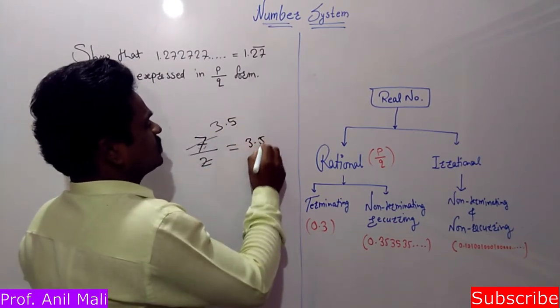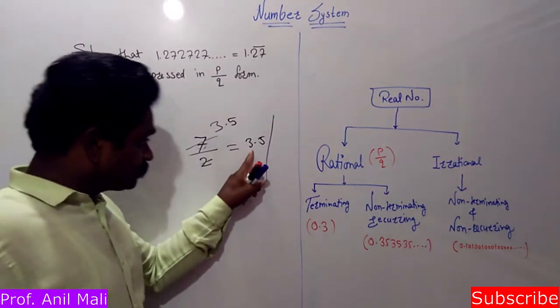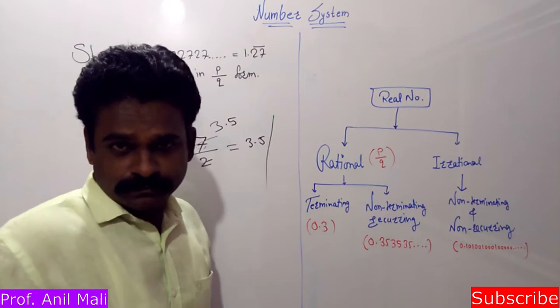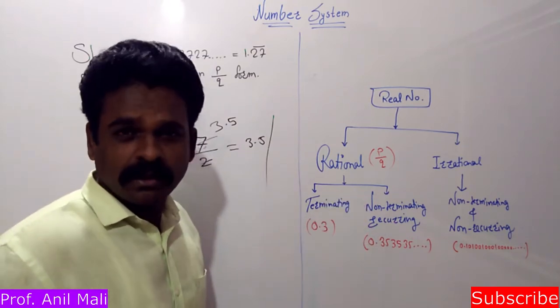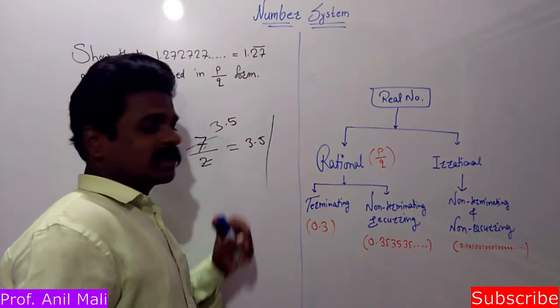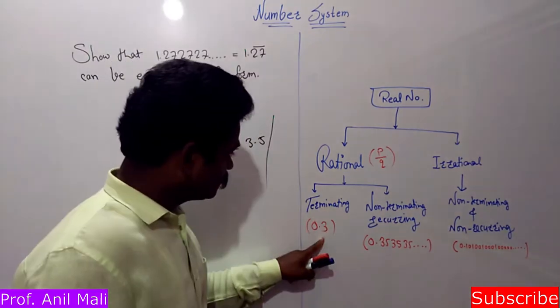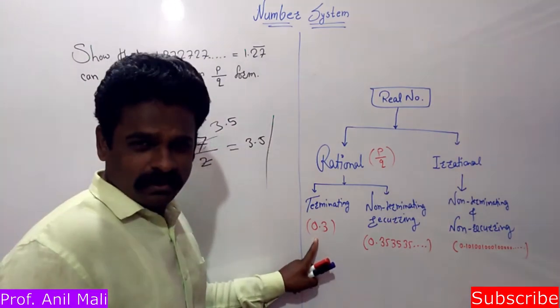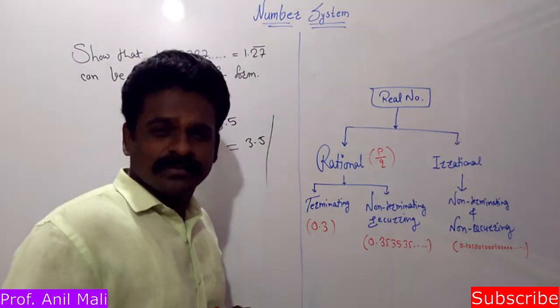So 3.5 is the answer. Here the whole fraction is terminated at 5, which means 5 is the last digit in the given number. This is a terminating one. Or 0.3, I have written here as an example, no more digits after the 3.